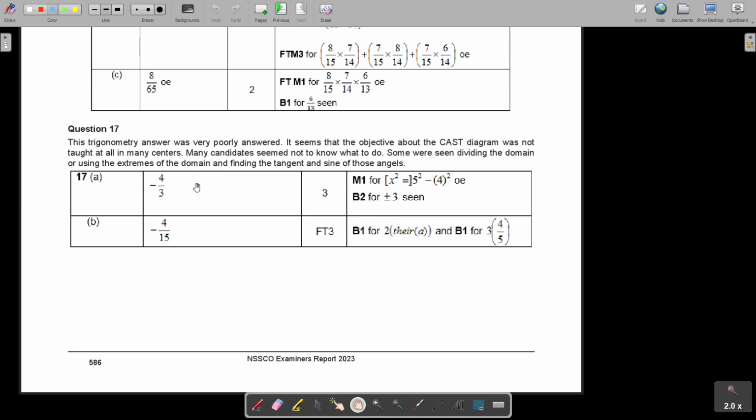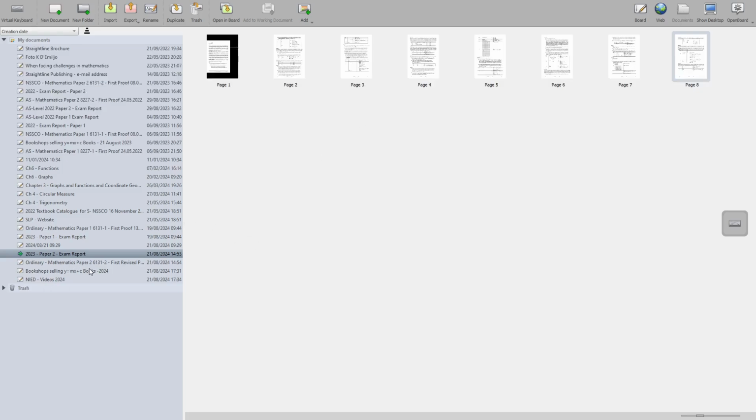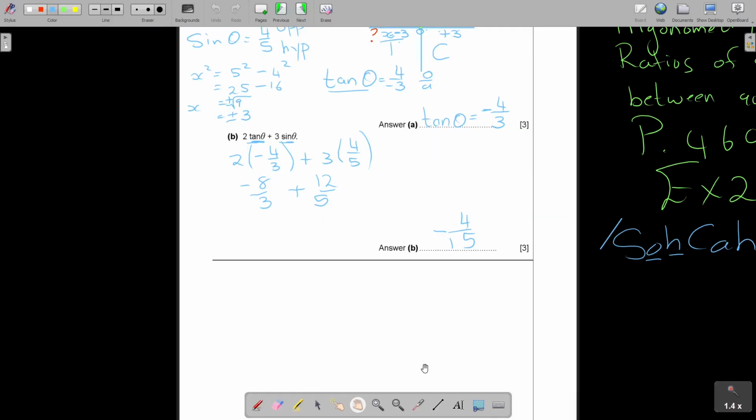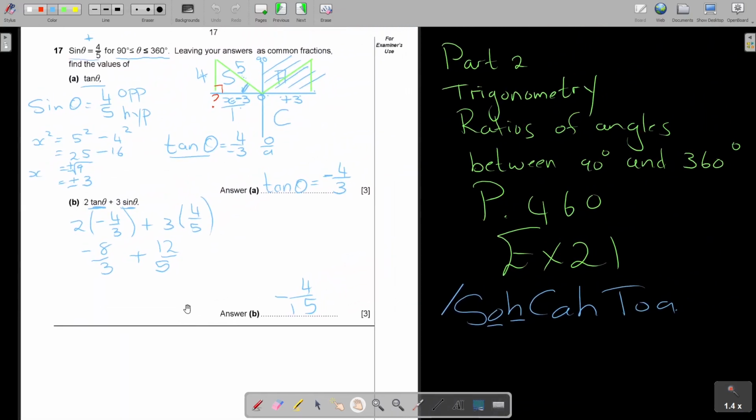Do you see? So although you didn't get this, and then for this one, after the substitution of both, it's a follow through. So even if that one is incorrect, you can still get that answer. So let's just go back to the question paper and show you those marks.